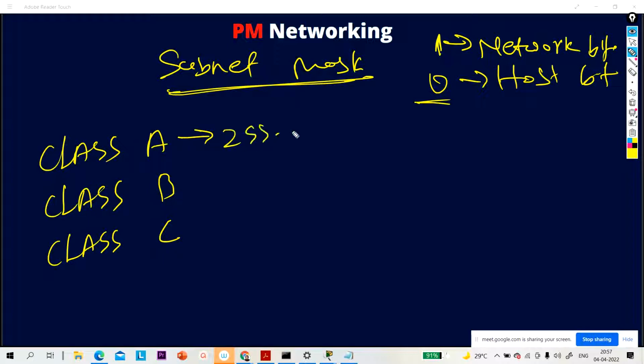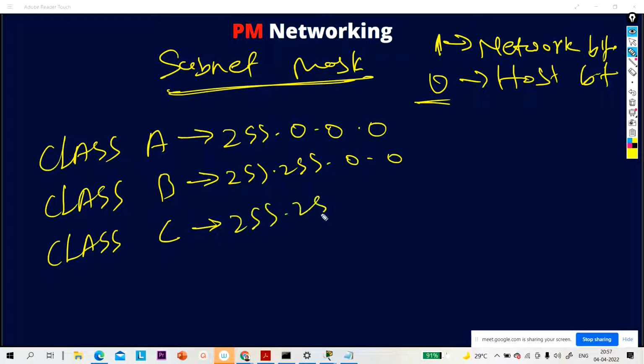What is the subnet mask for class A? 255.0.0.0. For class B? 255.255.0.0. For class C? 255.255.255.0.